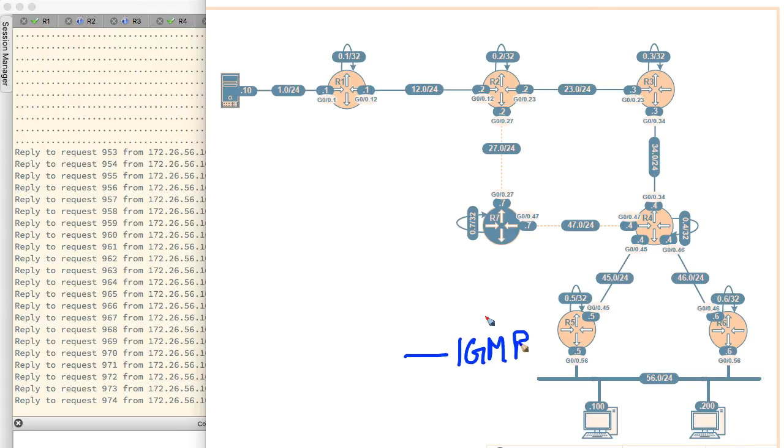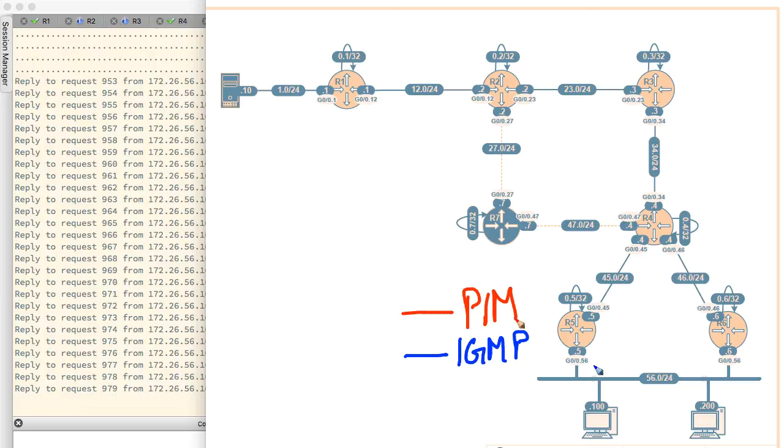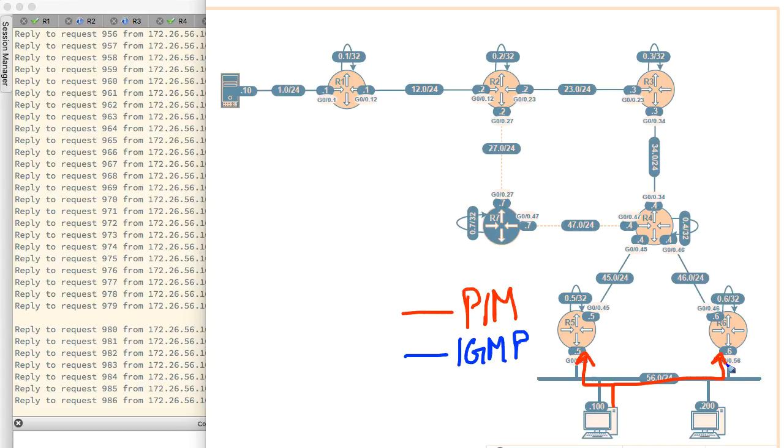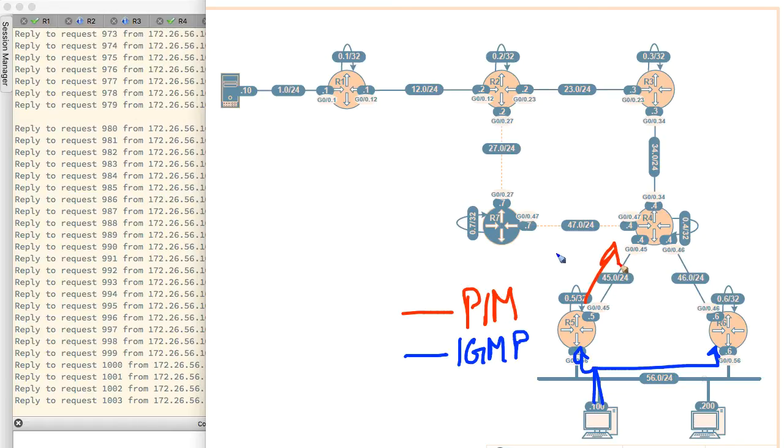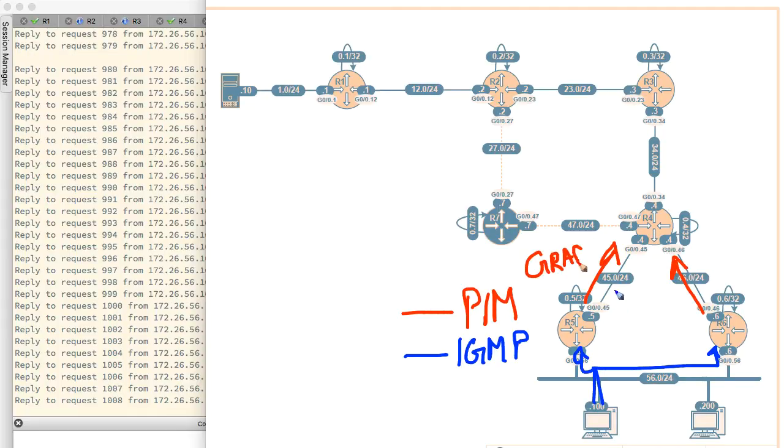If blue is IGMP and PIM is red, what should have happened here is 100 should have sent a membership report out. And once that membership report went out for that group, R5 and R6 should have grafted themselves back onto the network.